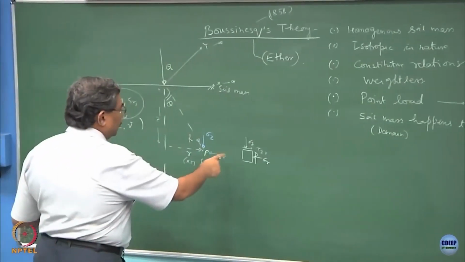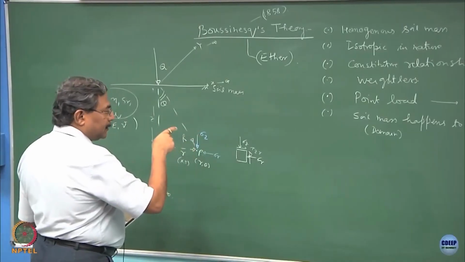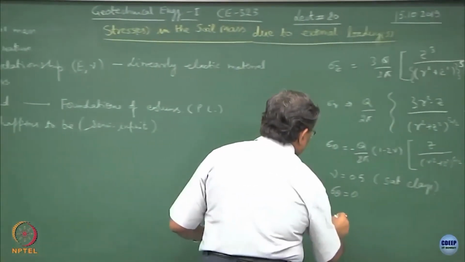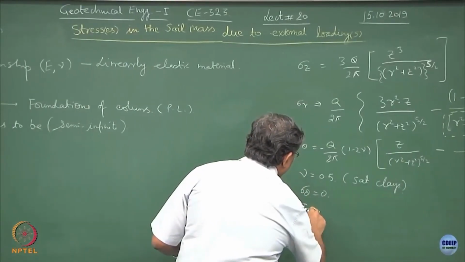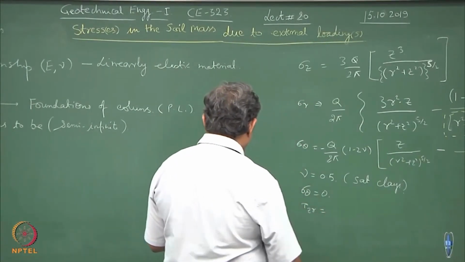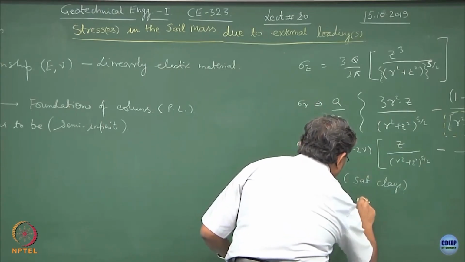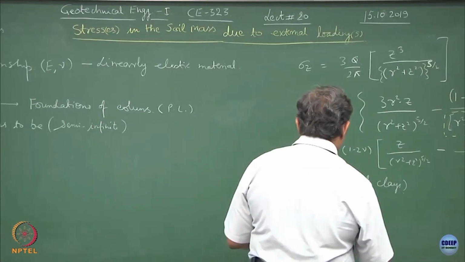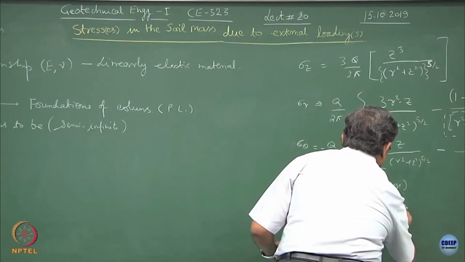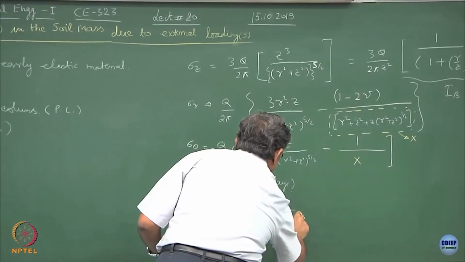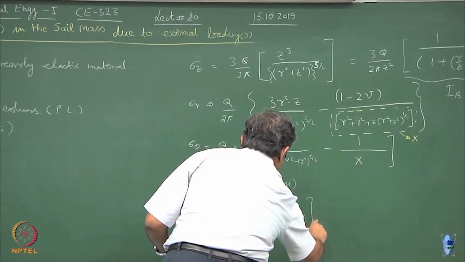The fourth stress which we have not still considered is tau Zr, the shear stress. The shear stress would be 3q upon 2 pi, r z square over (r square plus z square) to the power 5 by 2.